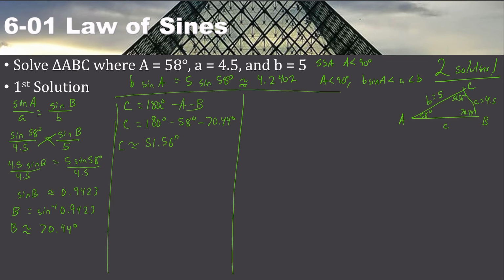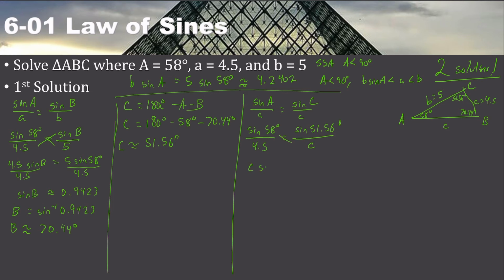All right, now we can find side c. So notice we haven't done anything different yet because the first solution is just what you get when you solve it using the law of sines, nothing special. All right, angle A is 58 degrees, side a is 4.5. Angle C is 51.56, and side c is what we're looking for.